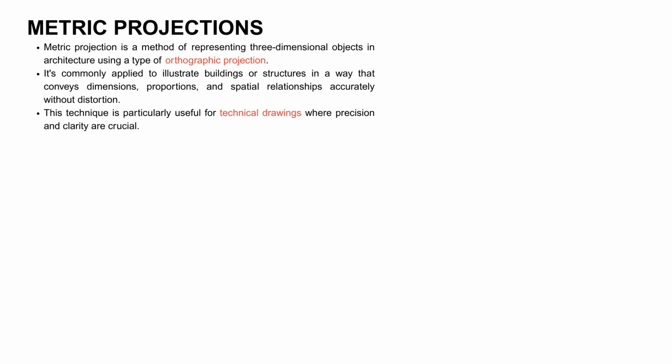Metric projection is a method of representing a three-dimensional object in architecture using a type of orthographic projection. With the help of metric projection, we can convey distance, dimensions, proportions, and spatial relationships accurately without distortion.